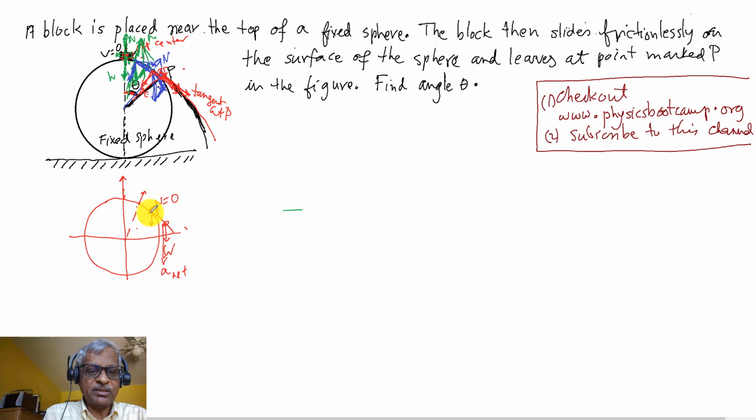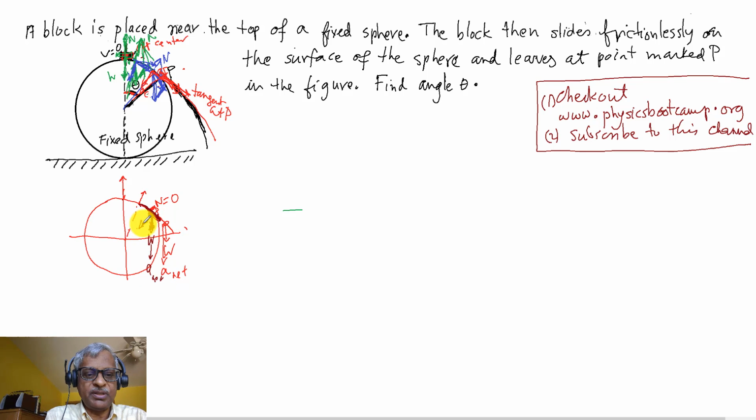so when we look at this last point P, you can see that it's still going in a circular path, and at that point the net acceleration is this way, because the weight is the only force.